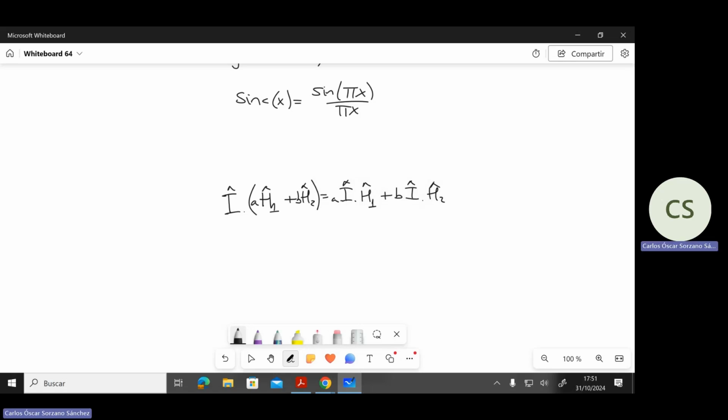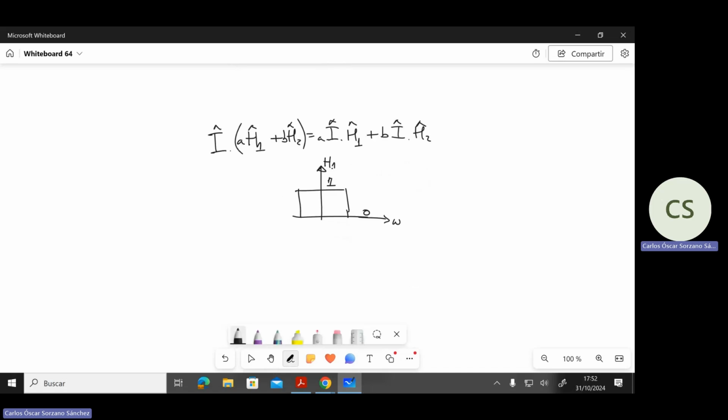For instance, for this low pass filter we have h1, like this, this is 1, 0, this is omega, and we have this other Fourier transform, this is 2, 0, this is omega, this is 1.